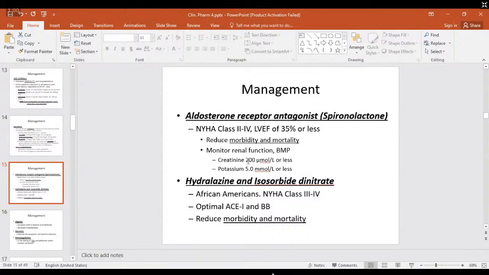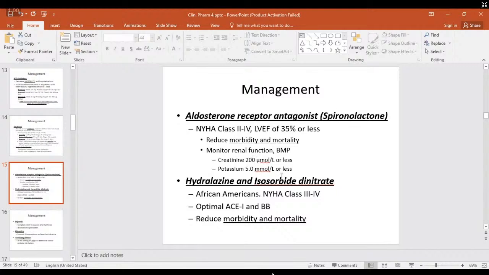What can be the contraindications against the use of spironolactone? If your patient's kidney function is reduced, so chronic kidney disease, fourth or fifth stage, which means creatinine clearance below 30 milliliters per minute, high creatinine values, so above 200 or even above 150, it is a little bit risky to give spironolactone.